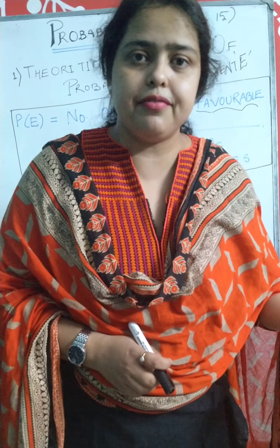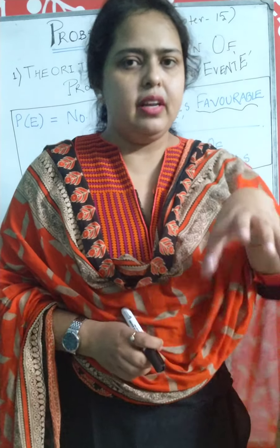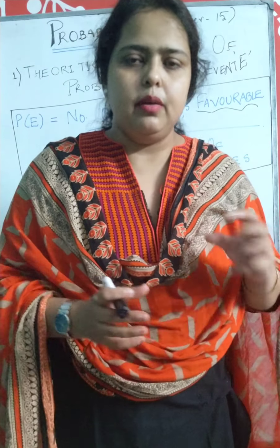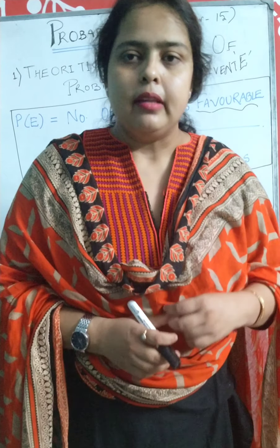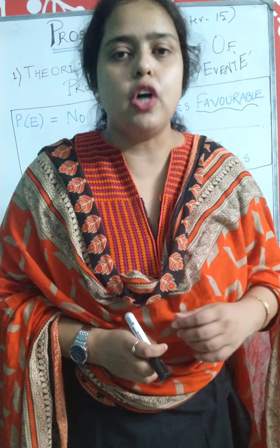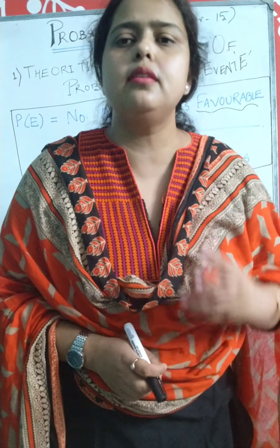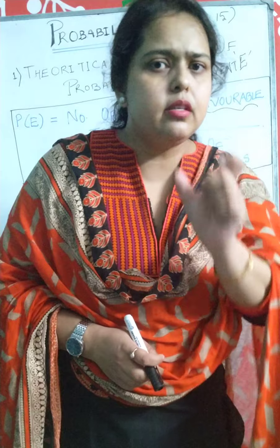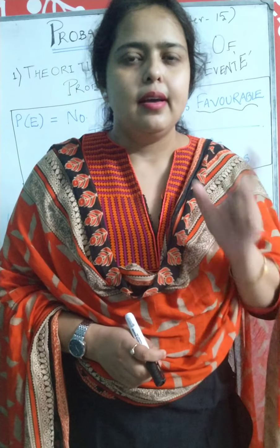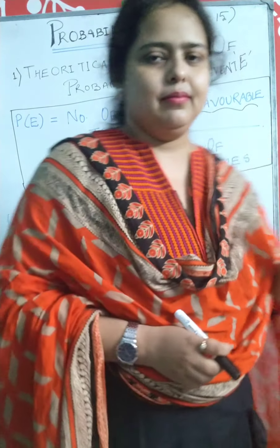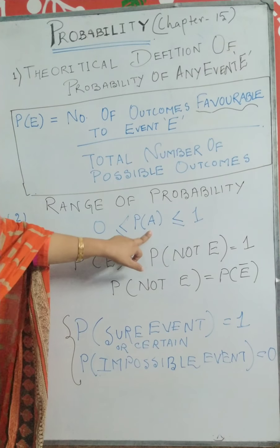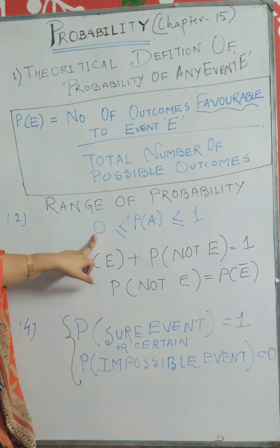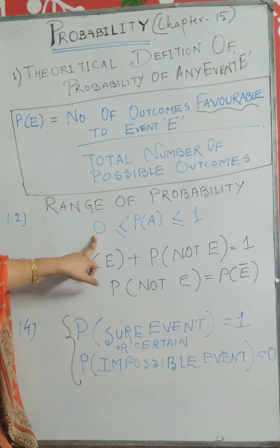There is no chance of receiving a white ball if I pick a ball from that urn. That is 0% chance, which is the minimum value probability of any event can receive.